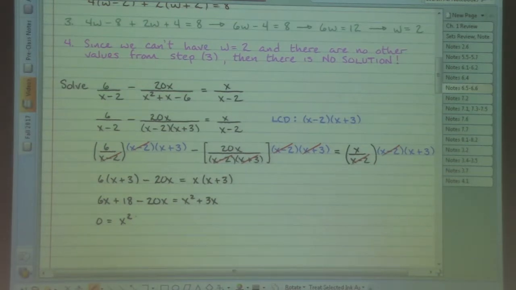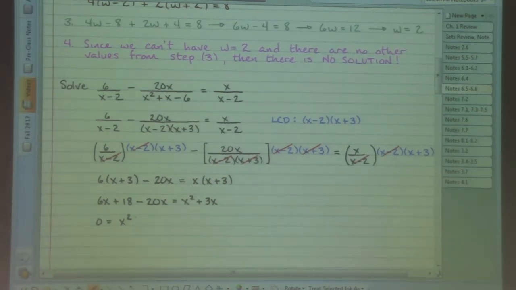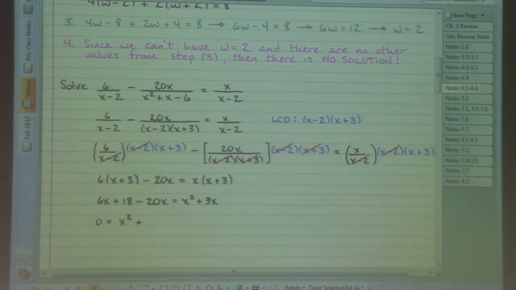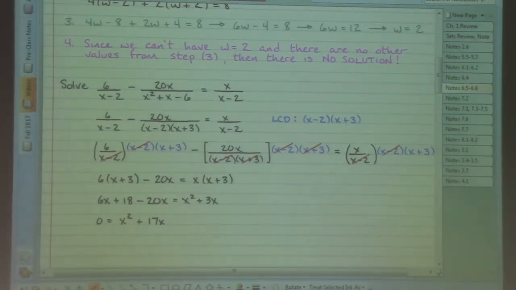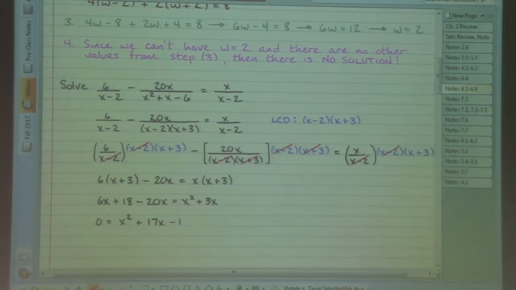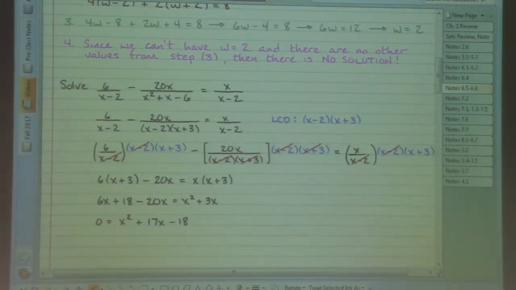So overall, that would give us a plus 17x. We would want to minus the 18, since that does not have any other like terms to worry about.